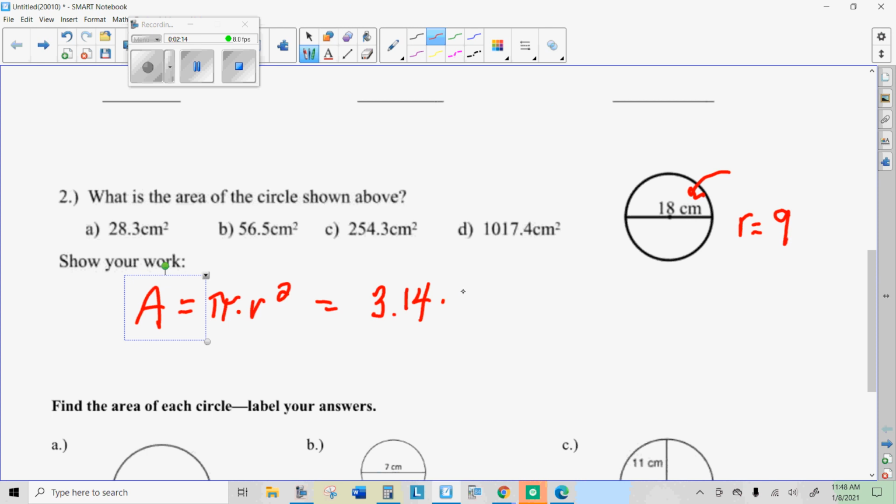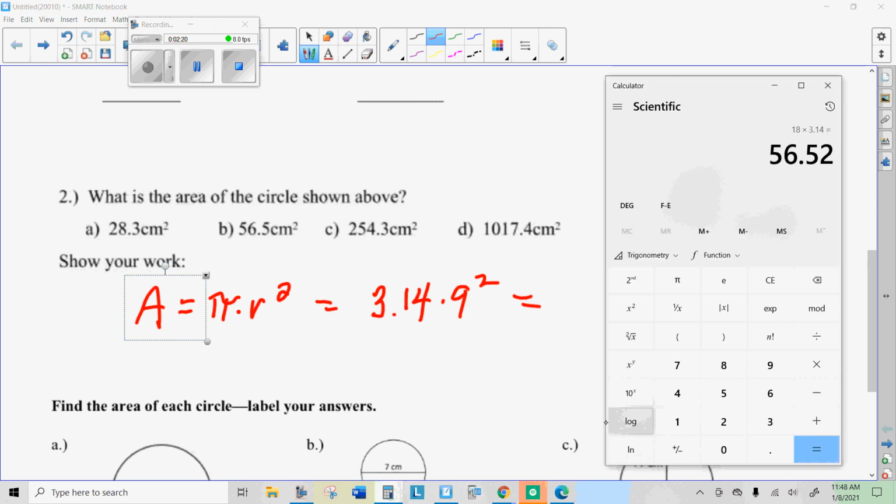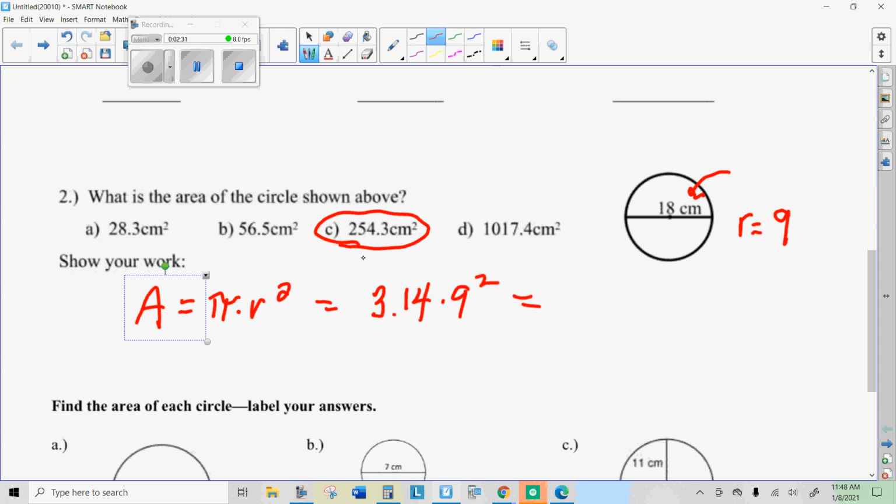So we're going to do 3.14 times 9 squared, which equals 254.34. That would be C.